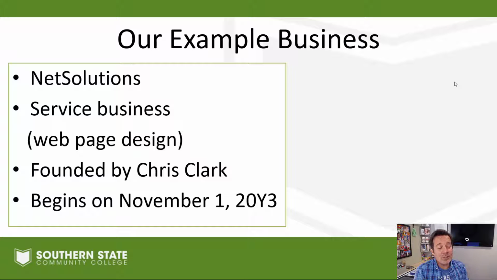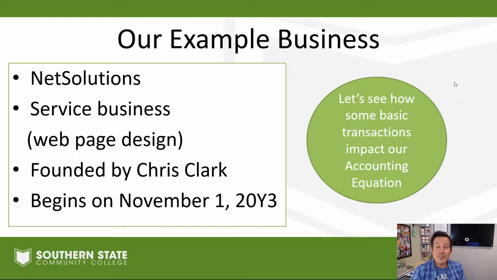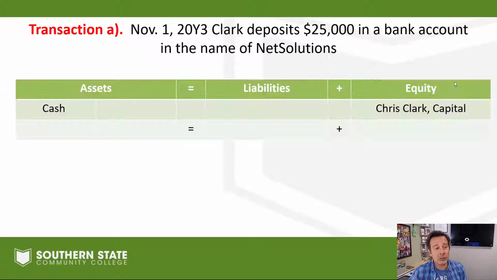And we're going to assume that the company begins on November 1, 20Y3. We put the Y in there just so it's kind of a generic fill-in, and that we don't have to use a specific number. 20Y3. If you want to assume 2023, you're more than welcome to. So we're going to see how some basic transactions impact the accounting equation for Net Solutions.